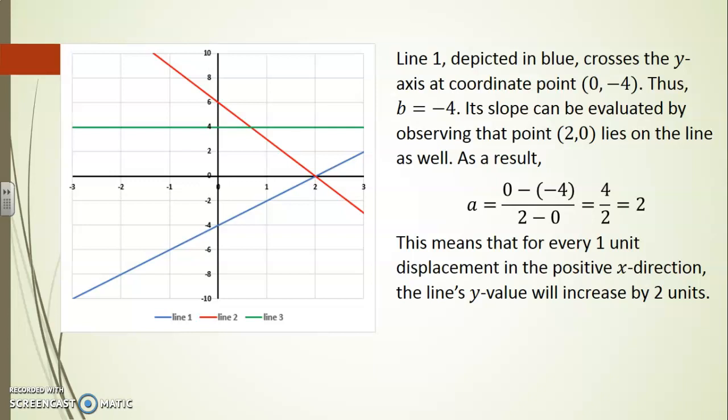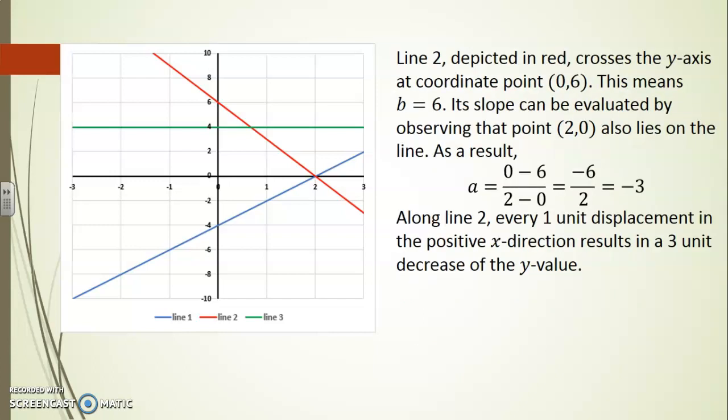This means that for every 1 unit displacement in the positive x direction, the line's y value will increase by 2 units. With an a of 2 and a b of minus 4, the line's equation is 2x plus minus 4, or simply y equals 2x minus 4.